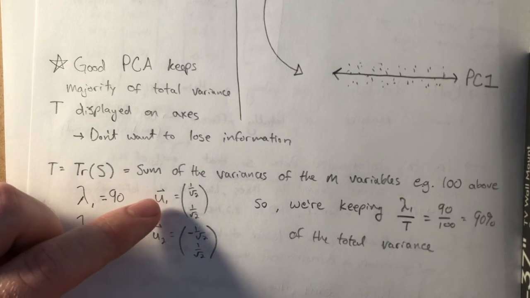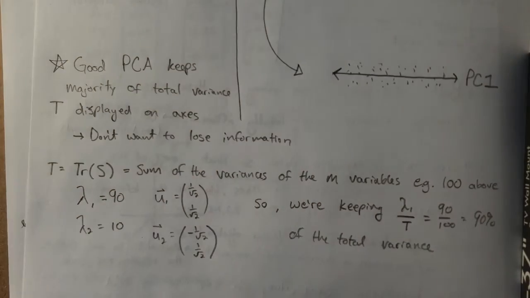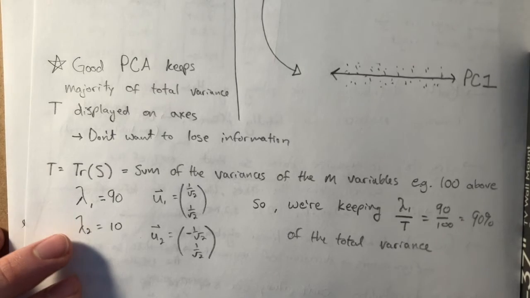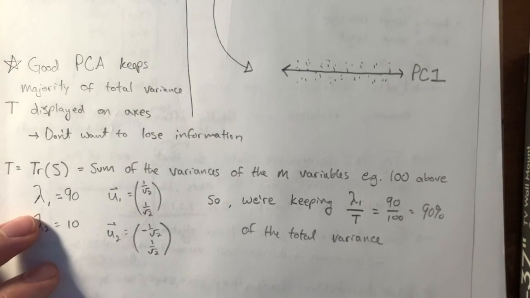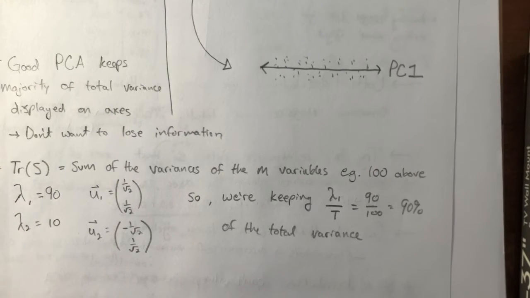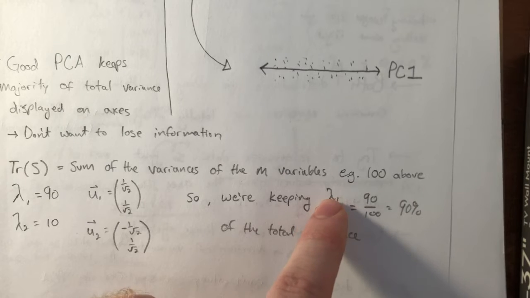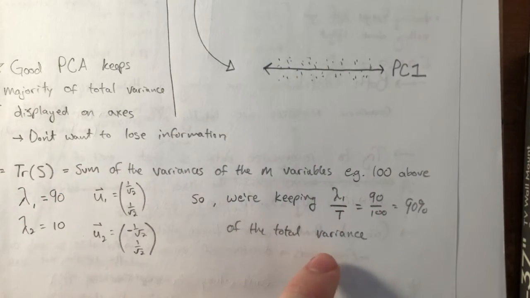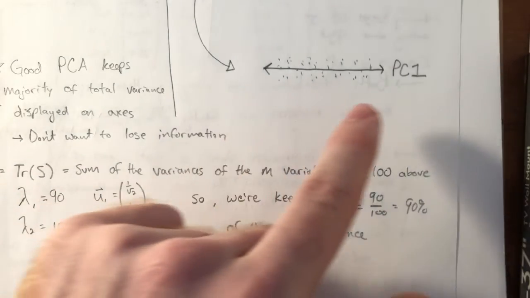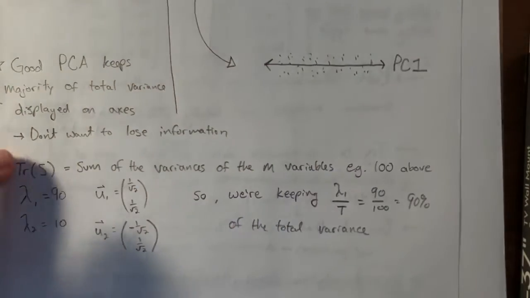The first normalized eigenvector, so its magnitude is 1, is up at 45 degrees, and the second one is that way, 45 degrees. So we can see the ratio of variance that we're keeping by doing this principal component analysis. If we only use one axis, we're keeping lambda 1 over the total variance, which is, in this case, 90 over 100, 90%. So 90% of the variance of this is kept in just one axis.